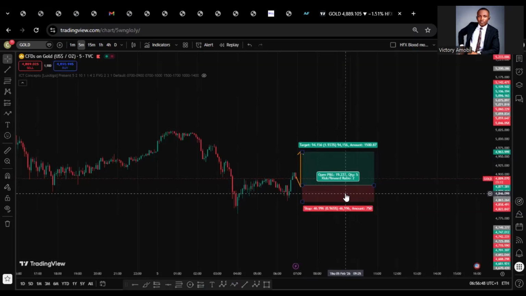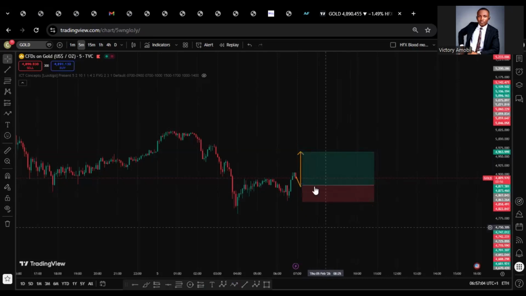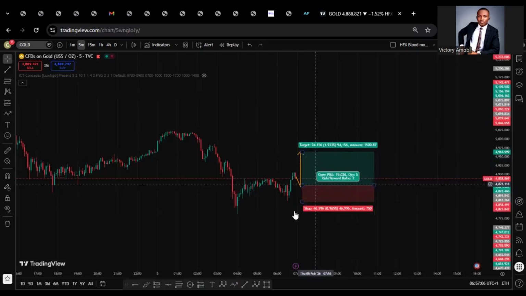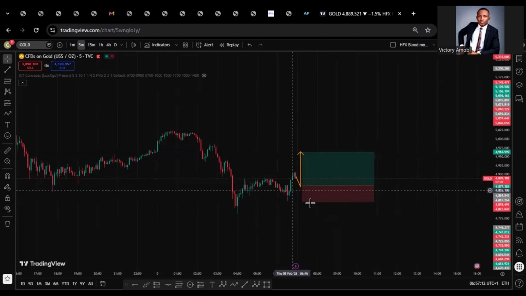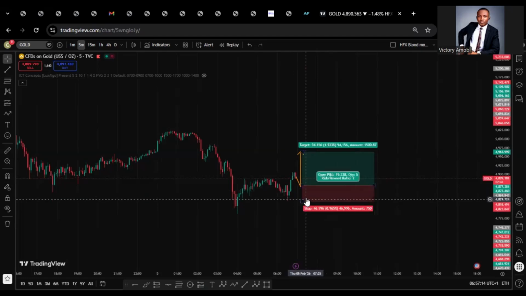So with the least lot size, what you're risking here is like $4.6, right? Okay, so this is determined. If it's too much, that means you have to go down to a lower time frame and get a better entry, where you get to risk less.